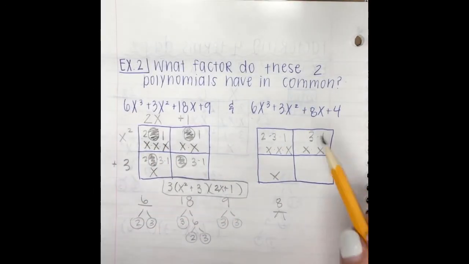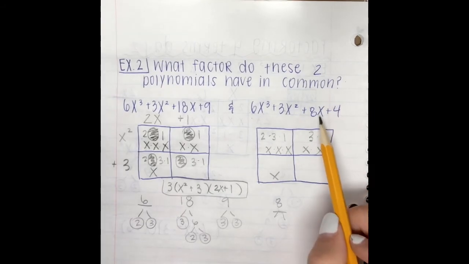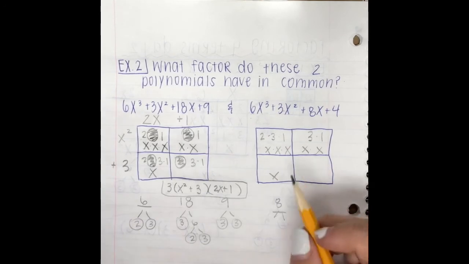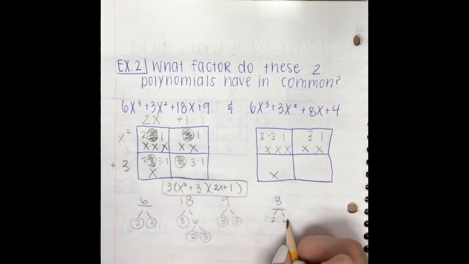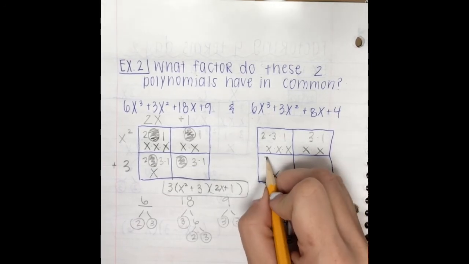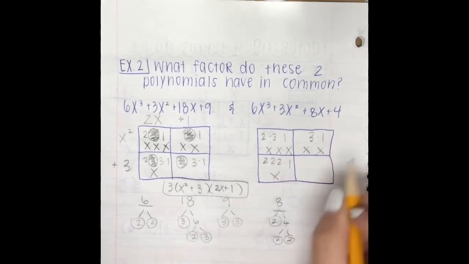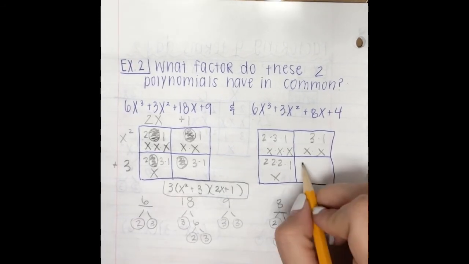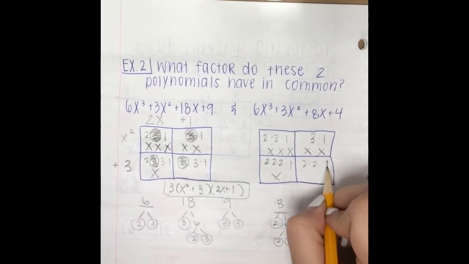Your example on your quiz, they may not have the same first 2 numbers, that's fine, you would still need to break those down. So I'll break down 8 into 2 times 4, and then 4 is 2 times 2, okay? So we have 2 times 2 times 2 times 1, and then 4 just breaks down into 2 times 2. 2 times 2 times 1, okay?